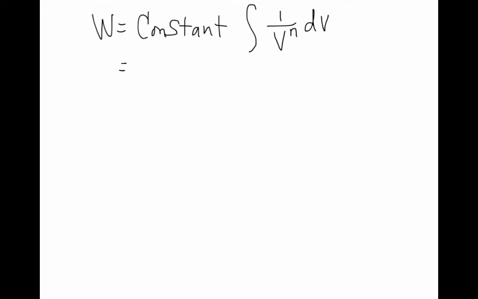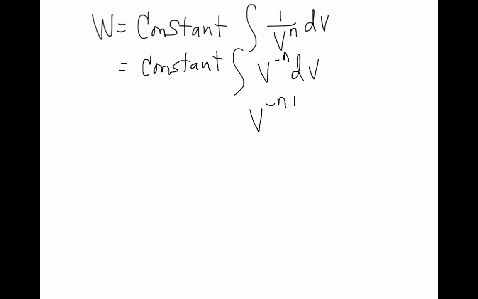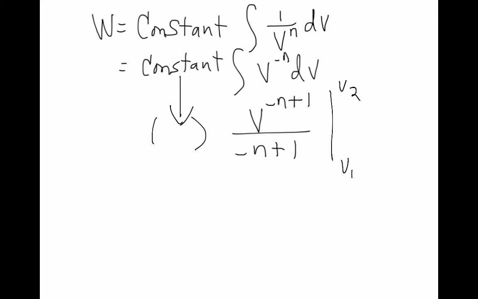Rewriting this just a little bit, we have that this is equal to the constant times the integral of V to the minus n dV. And therefore, when we evaluate that, we have V to the minus n plus 1 over minus n plus 1. And that will be evaluated at the V1 and the V2, and we still have the constant multiplying that.